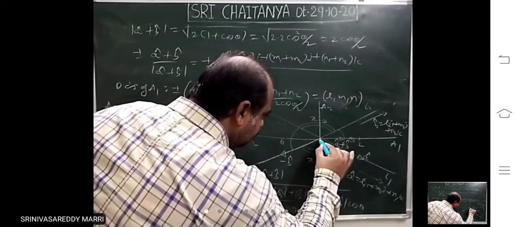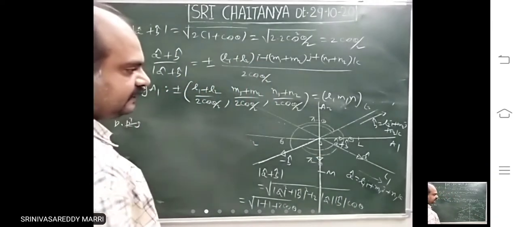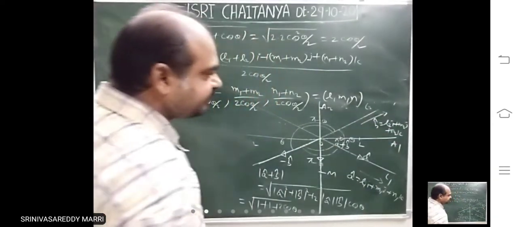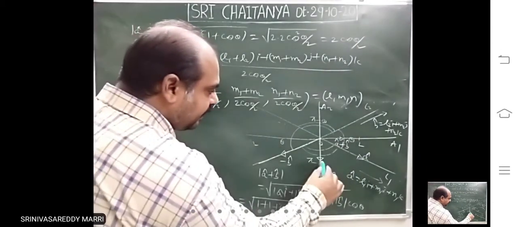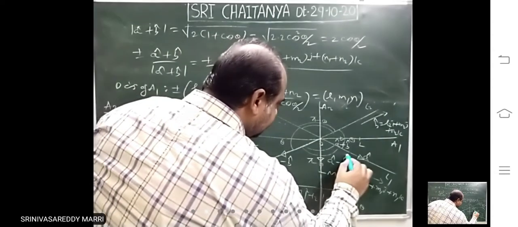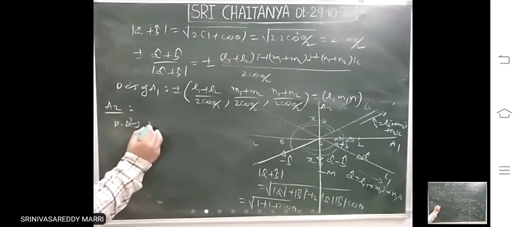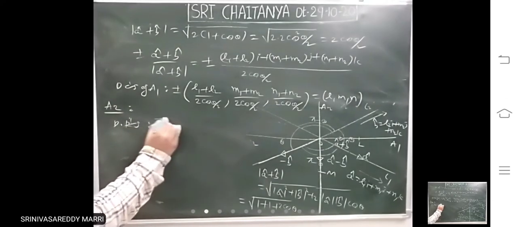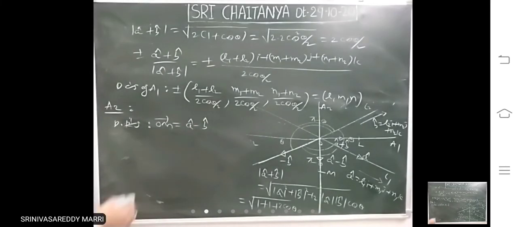Therefore, one vector in this direction: A cap plus B cap is what you got here. Now OM bar is nothing but this plus this, that means one vector will be A cap minus B cap. So the vector in that direction, OM bar, is nothing but A cap minus B cap.